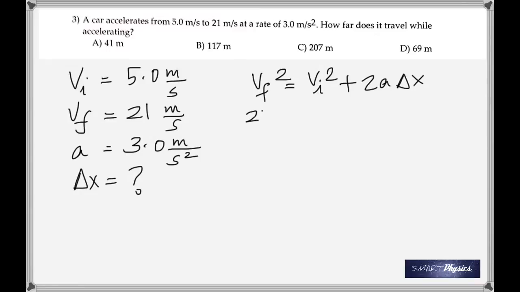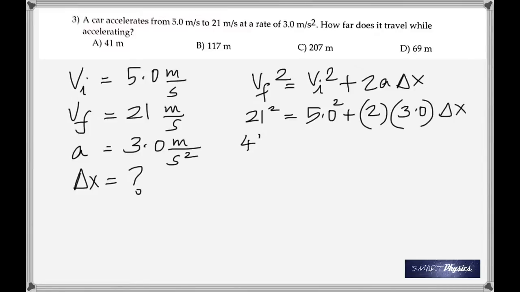And substitute the numbers. 21 squared is 441, 5 squared is 25, and you get 6 delta x.